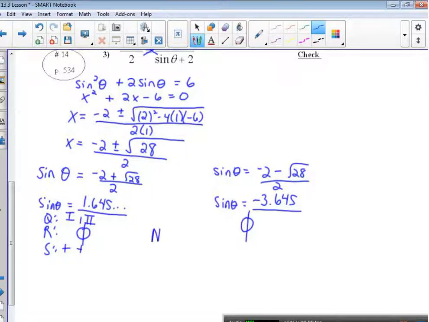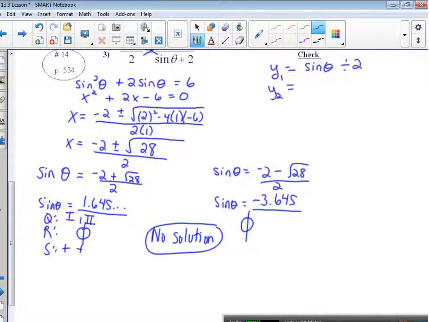So this one has no solution. So when we go to check that, y1 equals, I guess we can do this. Sine theta divided by 2, and y2 equals 3 divided by, I'm going to do parentheses, sine theta plus 2, but that's going to be an x.